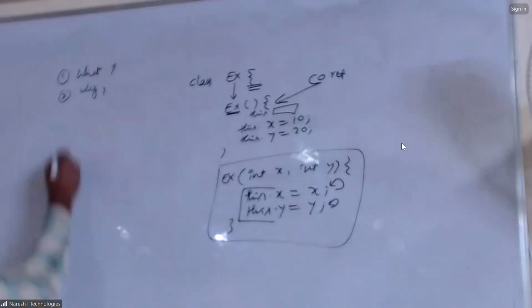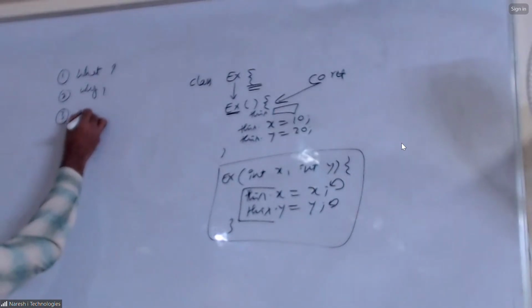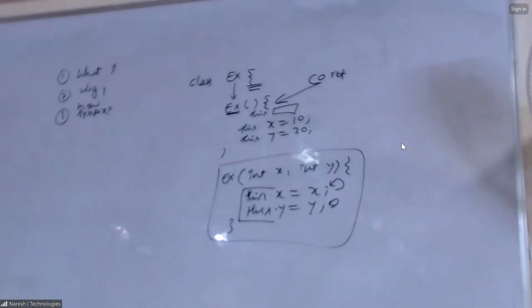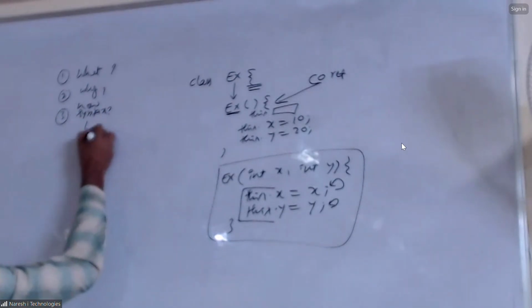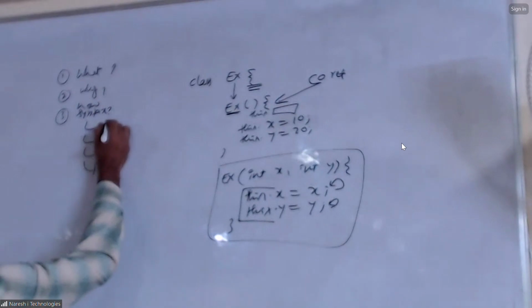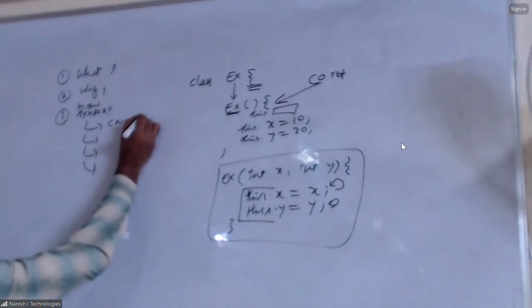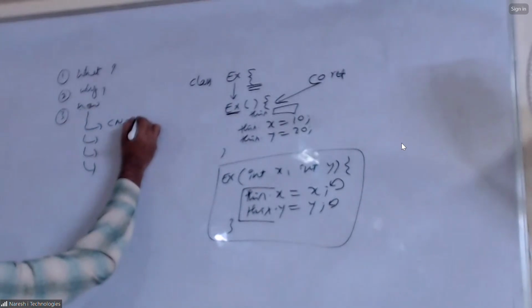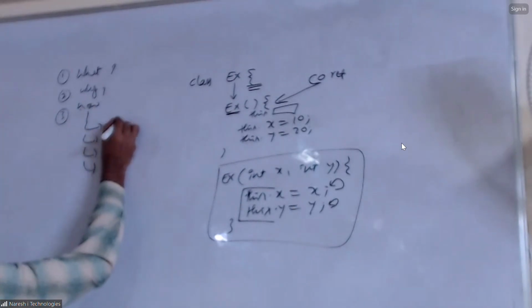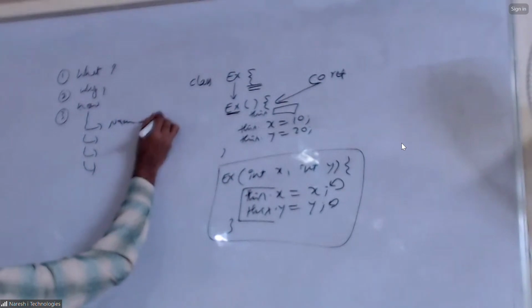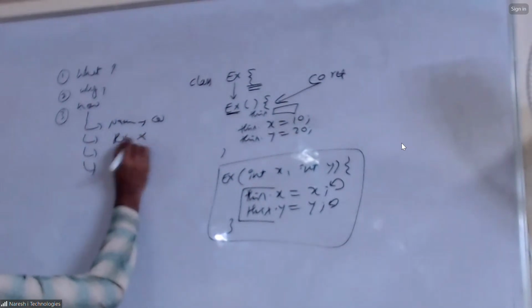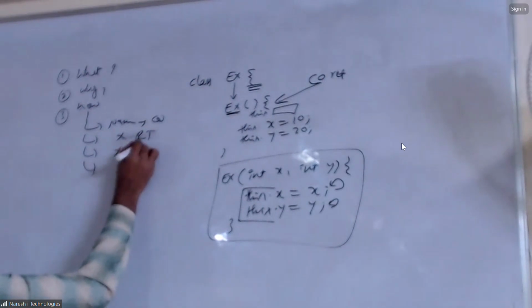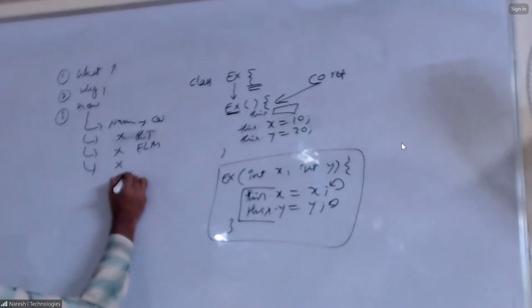Then the third point: what is the syntax for creating a constructor? How can we create a constructor? You have to follow 4 rules. Rule number 1, its name must be the same as the class name. It must not have a return type, and must not have an execution level modifier.